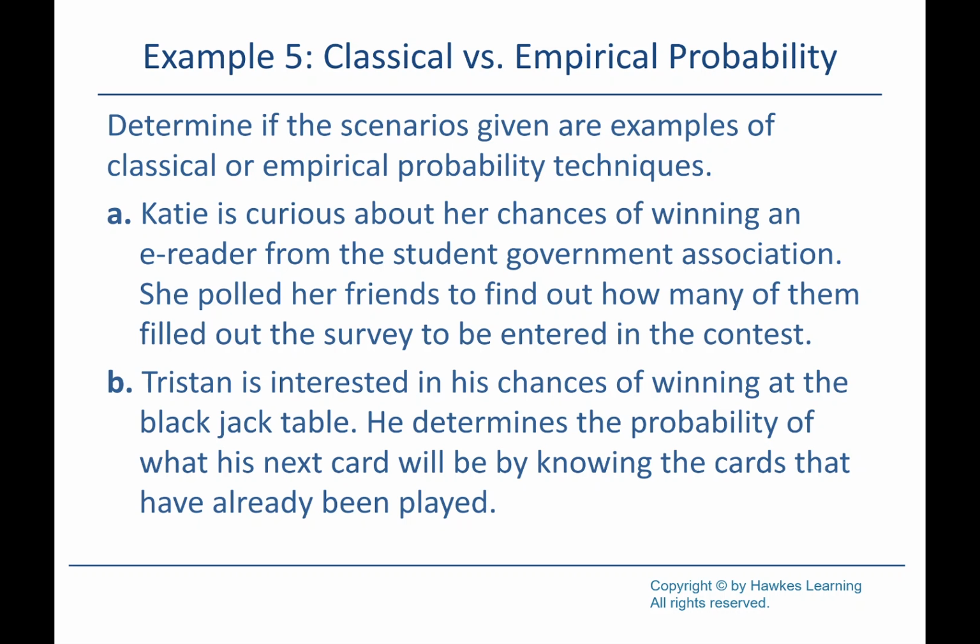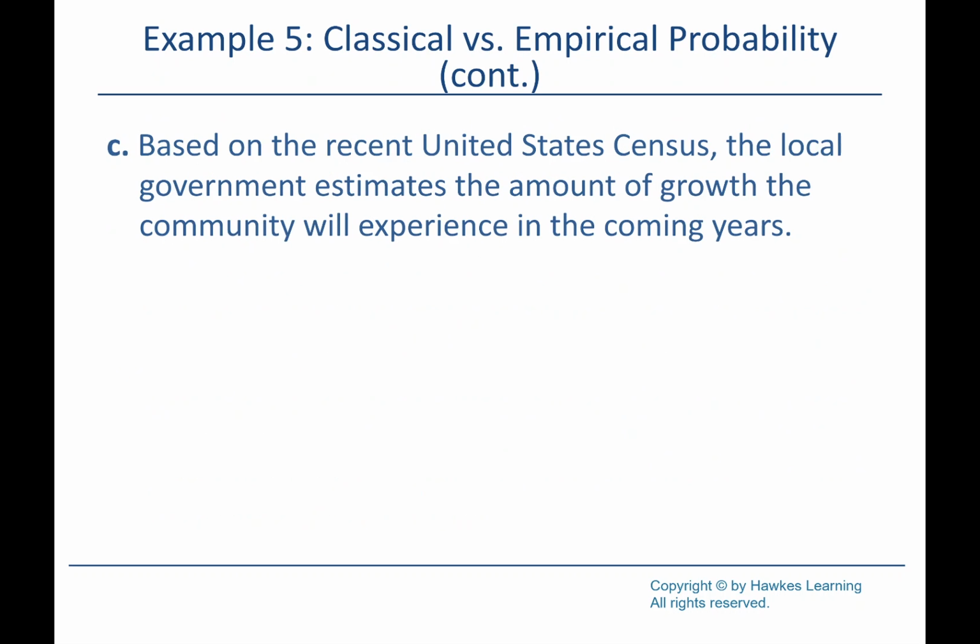Okay. Look at one more here. It says, based on the recent United States Census, the local government estimates the amount of growth the community will experience in the coming years. This one is a gray area for sure. The idea behind the United States Census is that they collect data from every person.